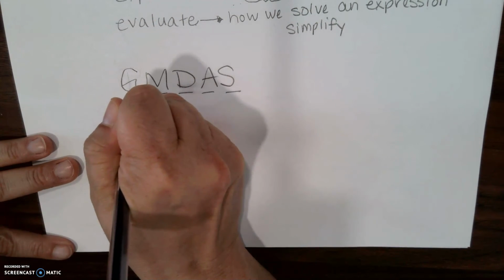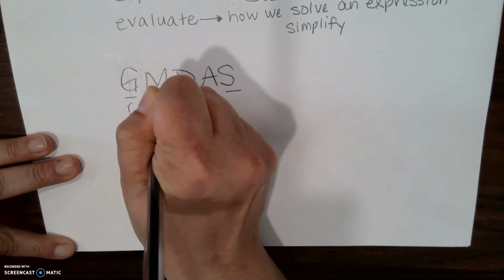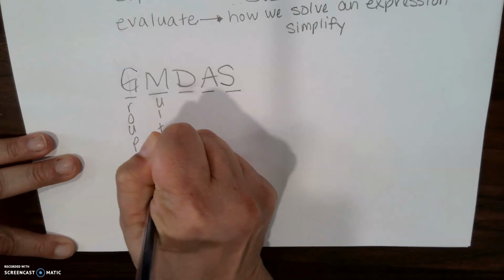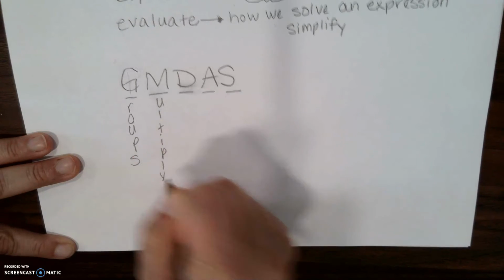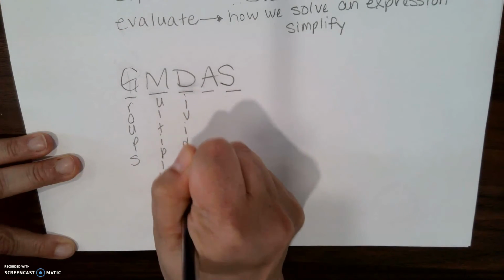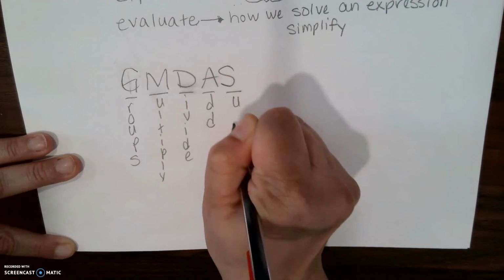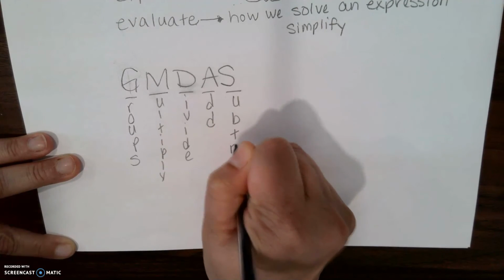Okay? First we do our groups. Then we multiply. Then we divide. Then we add. And then we subtract.